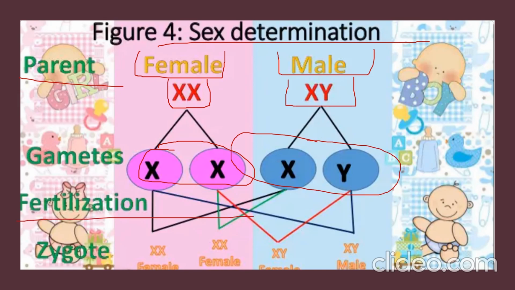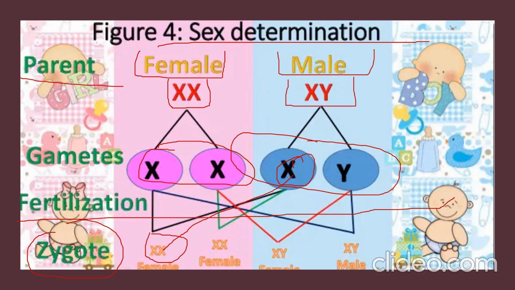So during fertilization, syempre hindi mo alam yan kung anong klaseng sperm, kung X or Y sperm yung nasa male. But for the female, for the ova, it's always the X. So during fertilization, ito yung zygote, no? If it's the X sperm, magmi-meet siya dito sa ova ng female, that would be a female.